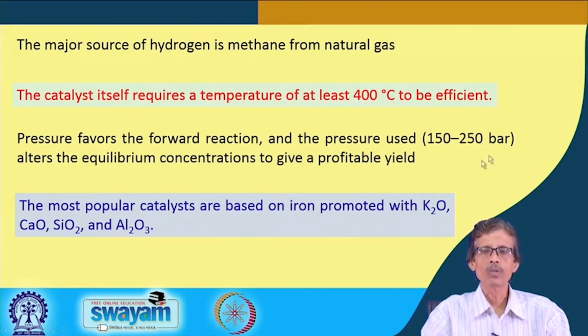That is why we are utilizing a pressure of 150 to 250 bar, which alters the equilibrium towards the right hand side, the product side, which can give a profitable yield, because the energy consumption, the prices of those gases, the catalyst and all other manpower should be favorable.